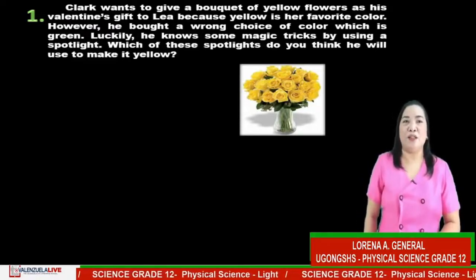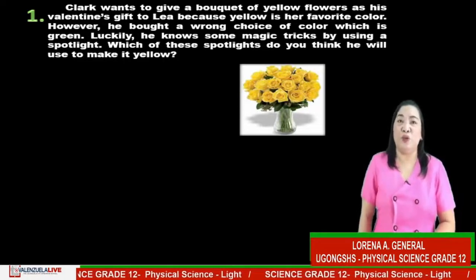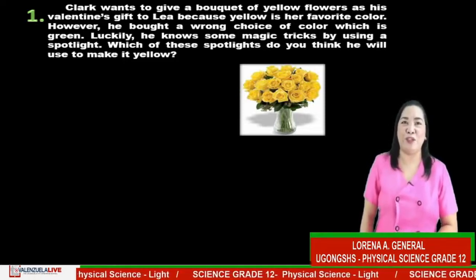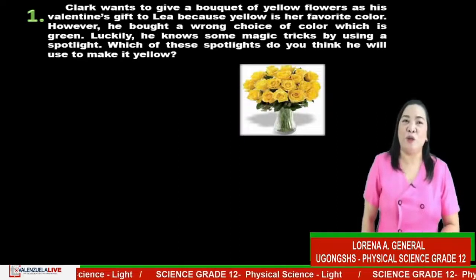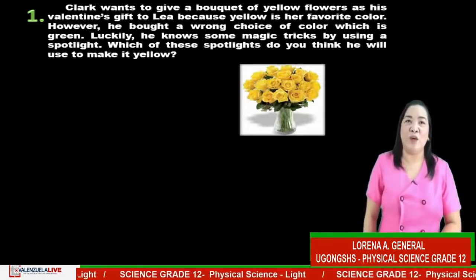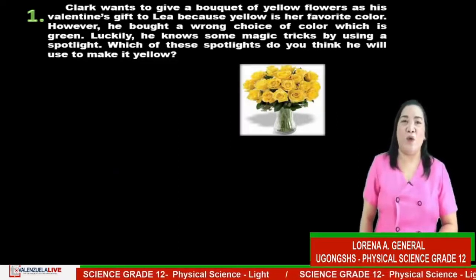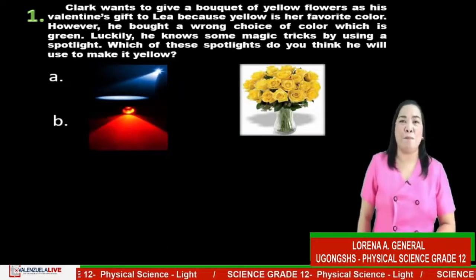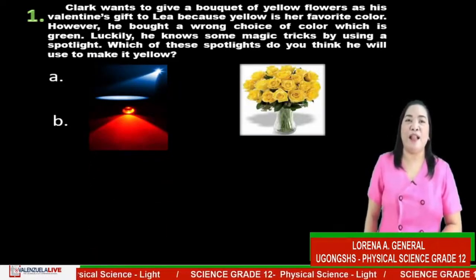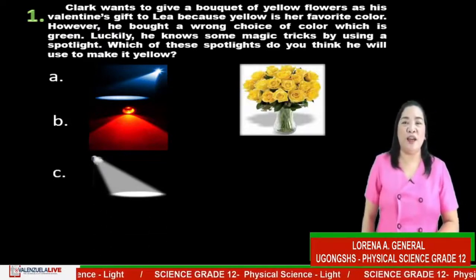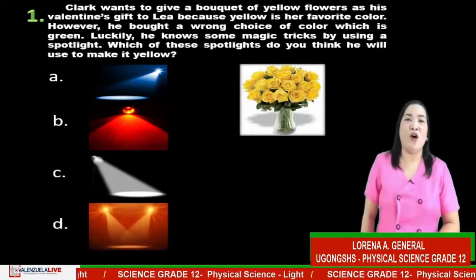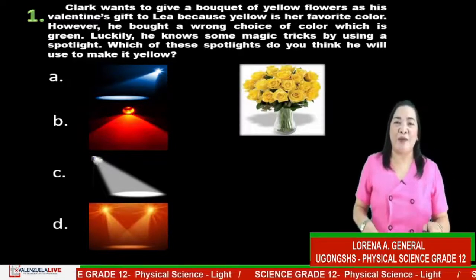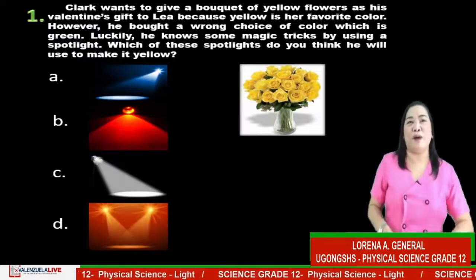However, he bought the wrong color, which is green. Luckily, he knows some magic tricks using his spotlight. Which of these spotlights will he use to make it yellow? A, a blue spotlight, B, a red spotlight, C, a white spotlight, or D, an orange spotlight? You can type your answer in our comment box.